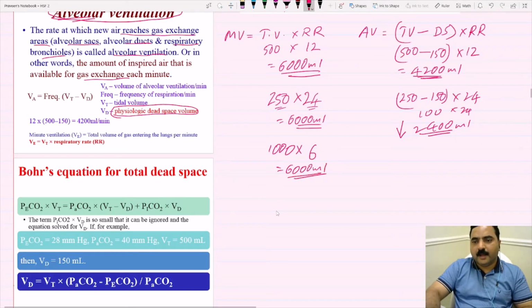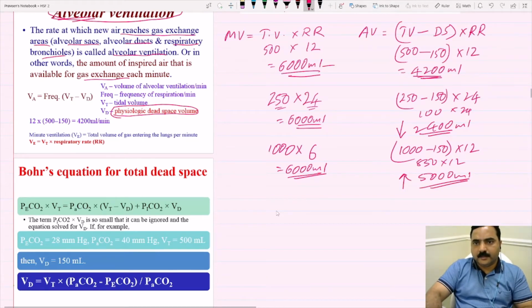But what happens to the alveolar ventilation here? The tidal volume is 1000 minus 150, which is 850, multiplied by 6, which is around 5000 ml. So you can see there is an increase in the alveolar ventilation.